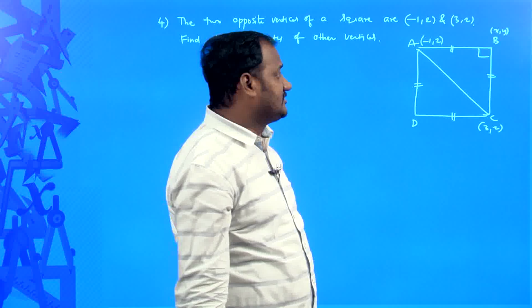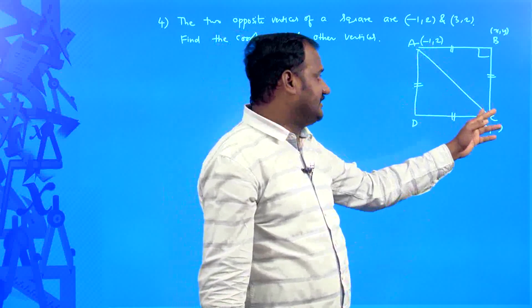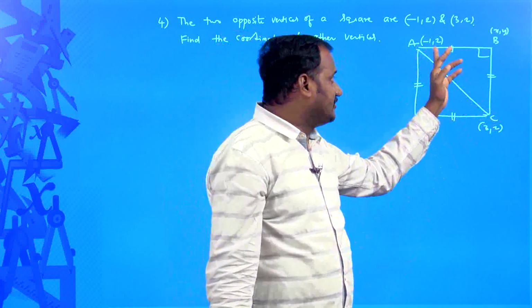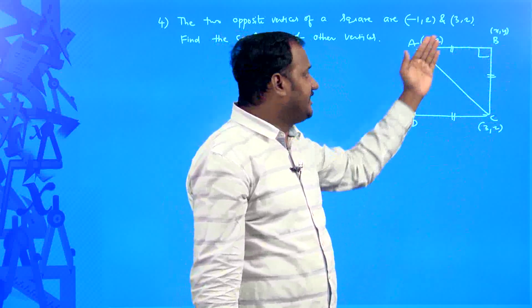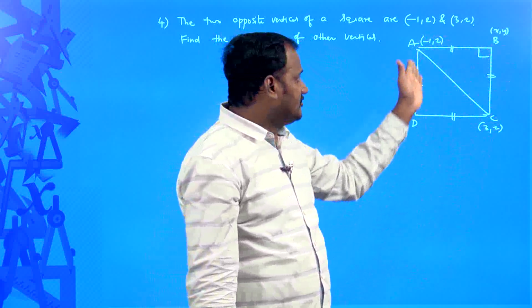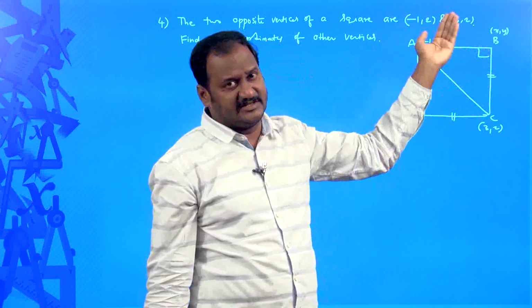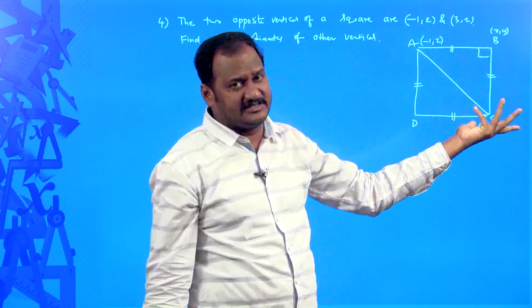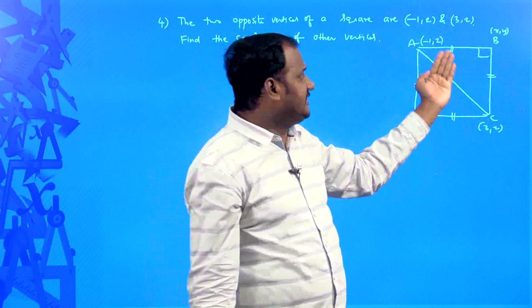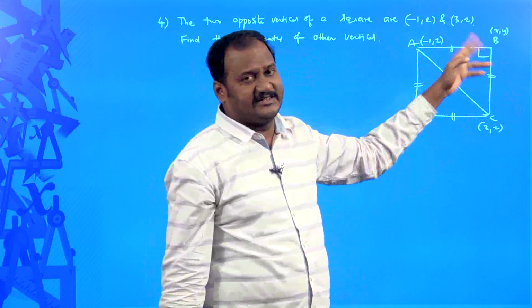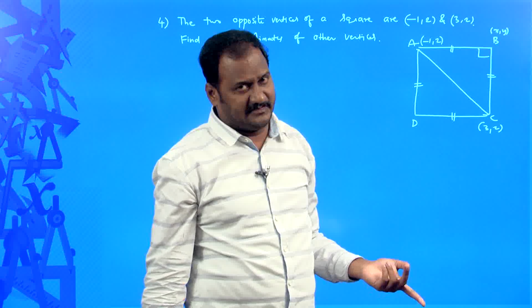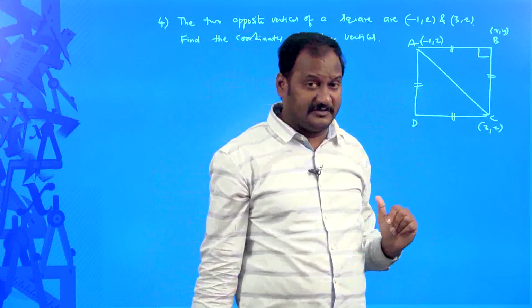So right angled isosceles triangle means this is the diagonal, so hypotenuse square is equal to side square plus side square. Anyway AB and BC both are equal, so the diagonal square is equal to either 2AB square or 2BC square, because AC square is equal to AB square plus BC square. So that AB square plus BC square can be taken as 2AB square or 2BC square. So we can use that one more piece of information also.